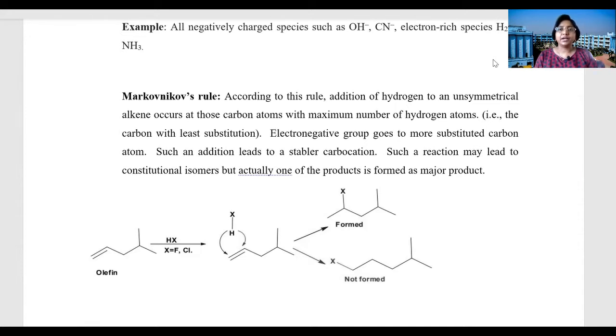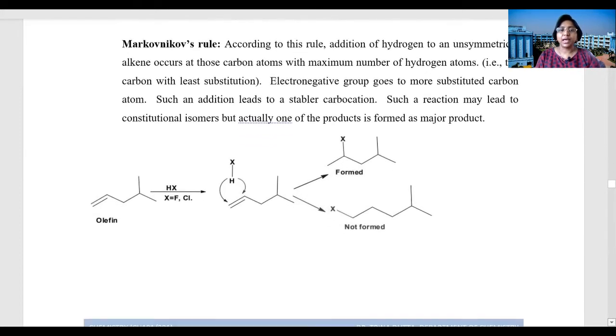The negatively charged particle like chloride ion or bromide ion will be attached to the carbon containing the minimum number of hydrogens. Let's look at the example, then you can be more clear.